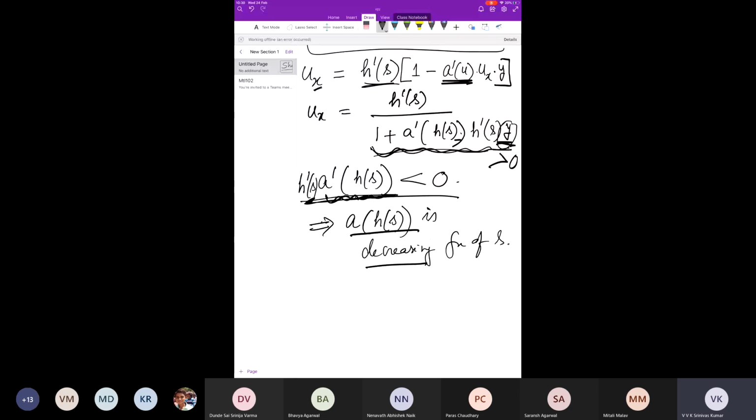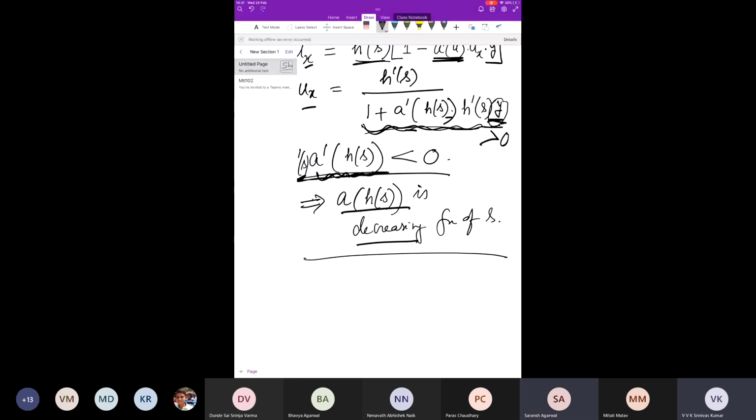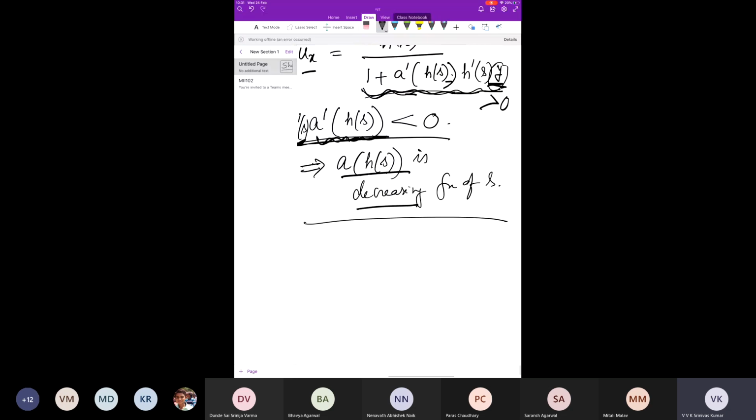Now let us go to problem 2. Sir, what is the meaning of singularity in this question? Singularity means what? The solution is not smooth, is not differentiable. That means the derivative does not exist.